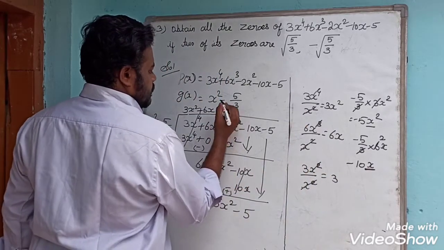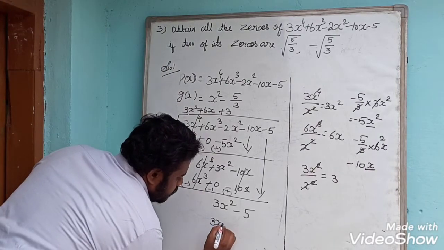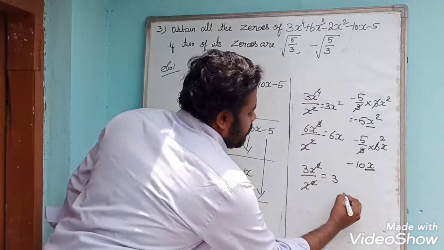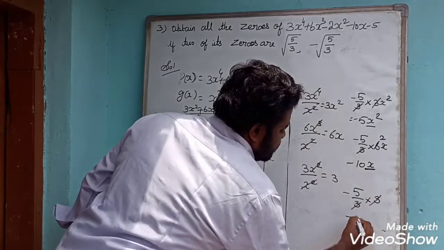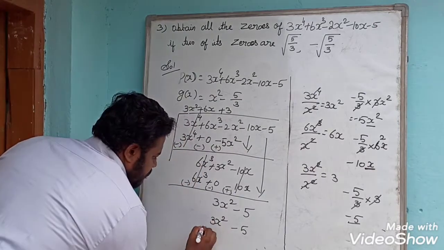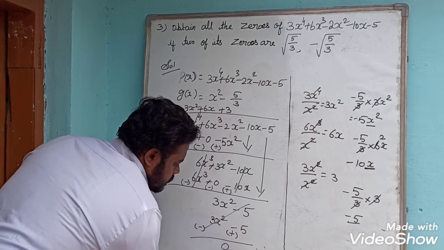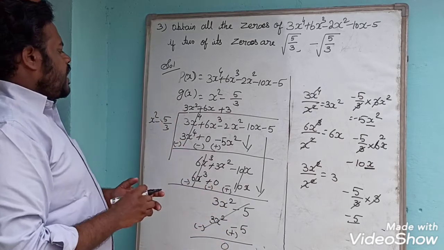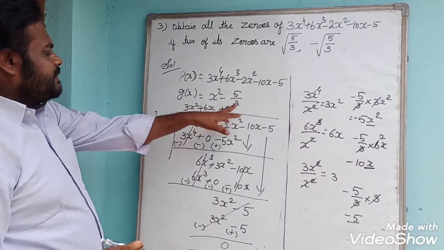So plus 3. So 3 into x square, 3x square, as usual minus 5 by 3 into 3, we get minus 5. Now we change, plus 1 becomes minus, minus 1 becomes plus, so all the terms will get 0. Now we have the quotient 3x square plus 6x plus 3.